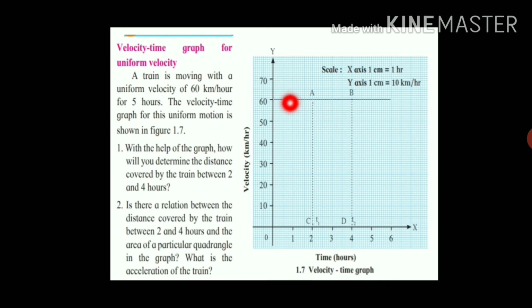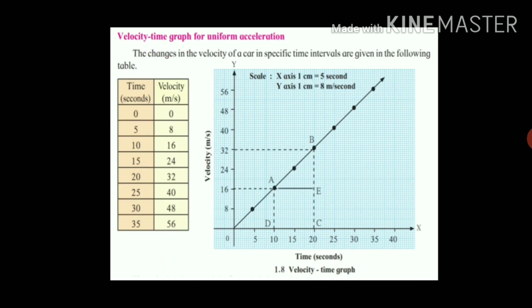When velocity increases, the train possesses positive acceleration. When velocity decreases, it possesses negative acceleration. But if the train has uniform velocity, meaning no change in velocity, the acceleration of the object is 0.